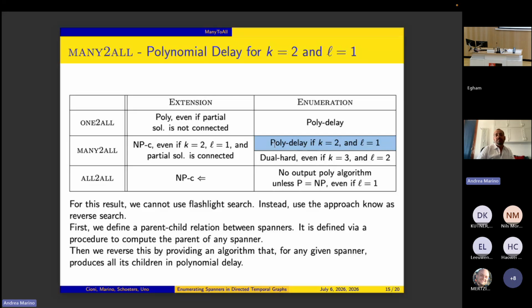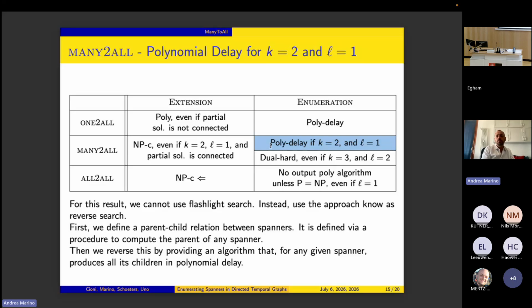Here, the result cannot be trivially solved by the flashlight method, because we proved that checking whether a partial solution can be extended to a solution is NP-complete. So we must rely on some other algorithm different from flashlight.